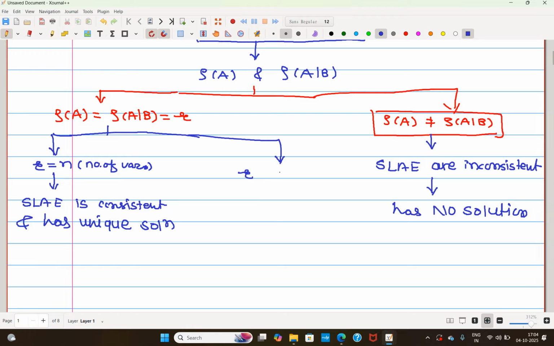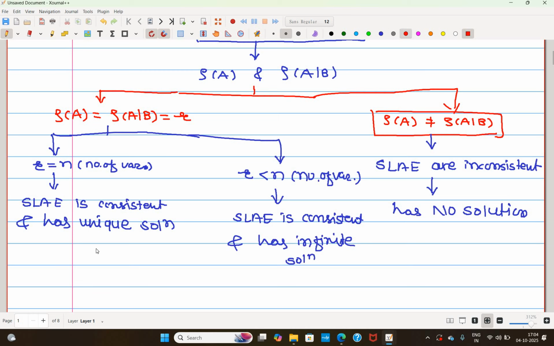And when this R is less than n, the number of variables, once again, correct? Then in this case, the system of linear algebraic equations is consistent and has infinite solutions.